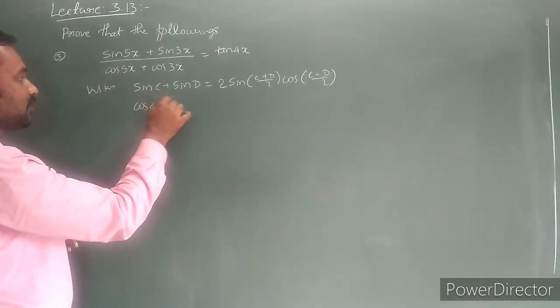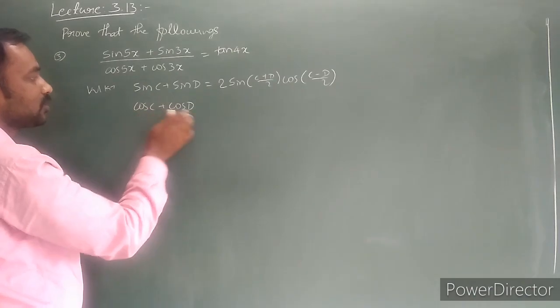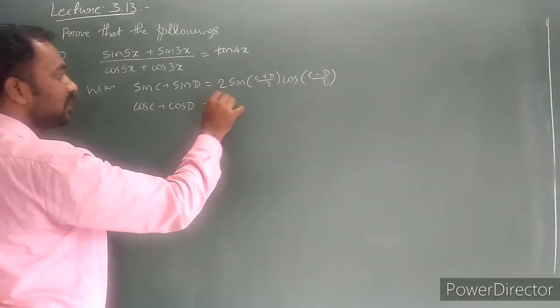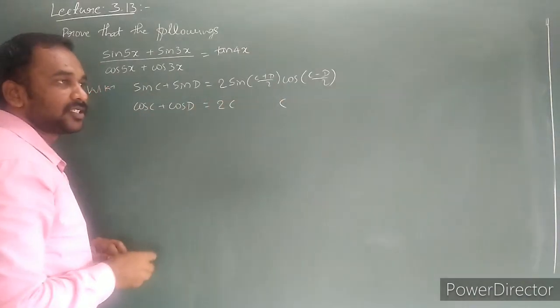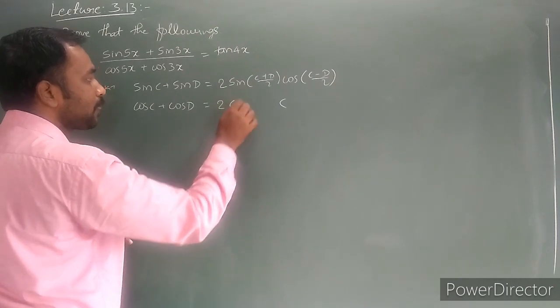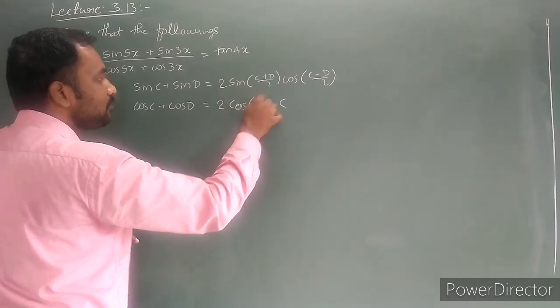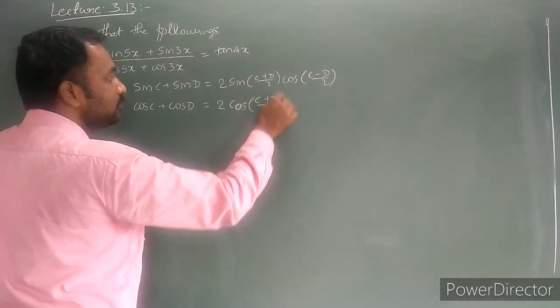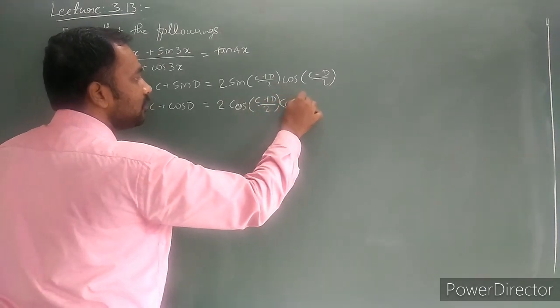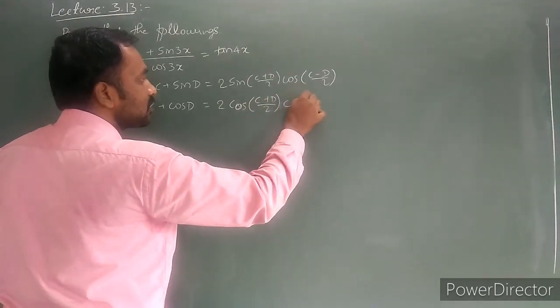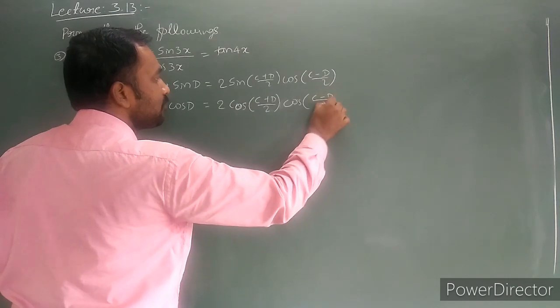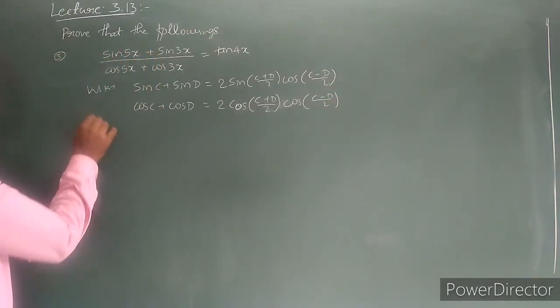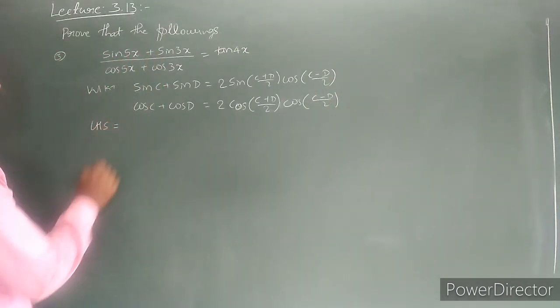What is cos c plus cos d? Both are positive, so cos. That means the right-hand side is also cos of (c plus d) by 2 into cos of (c minus d) by 2. Using this formula we will get the required result.